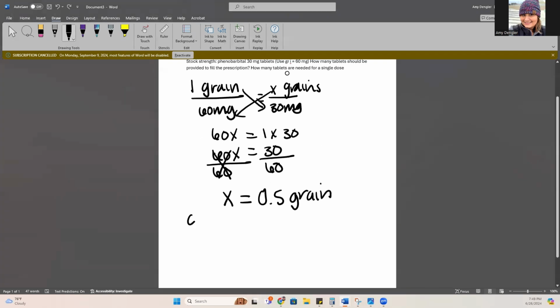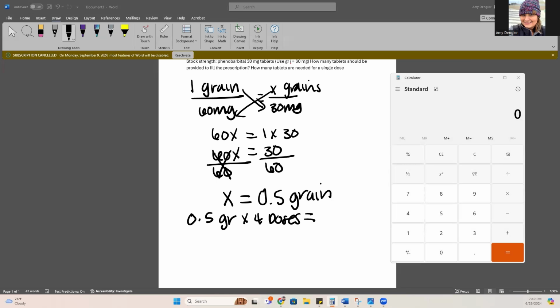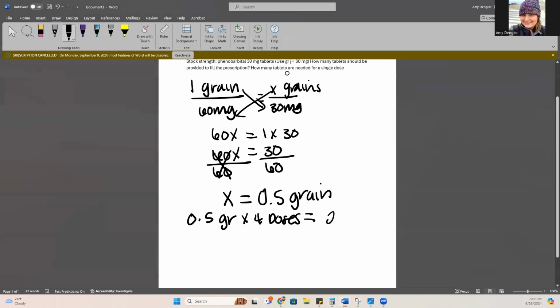So they're doing that every 6 hours, which is 4 times a day. Now we'll multiply 0.5 times 4, which gives us 2 tabs.